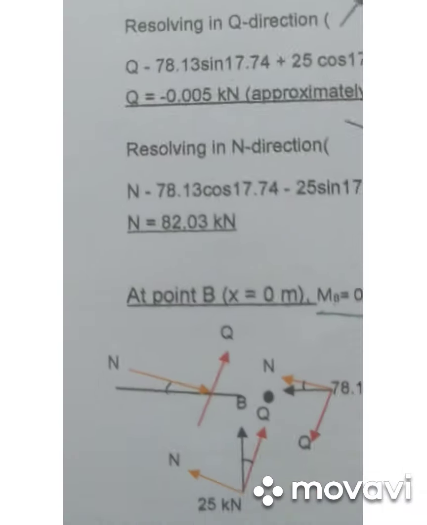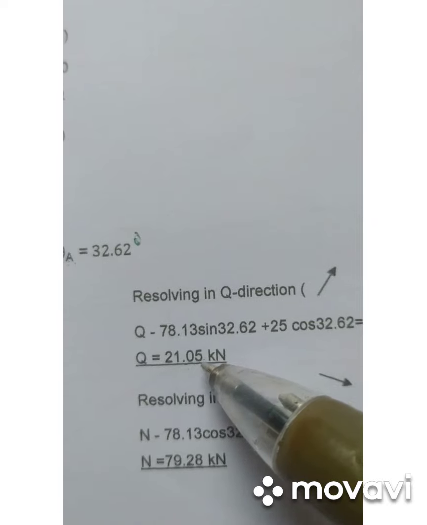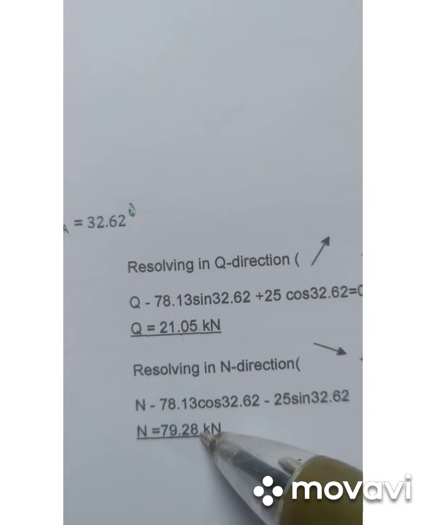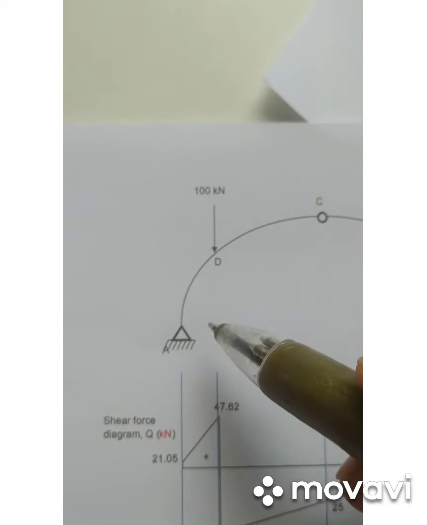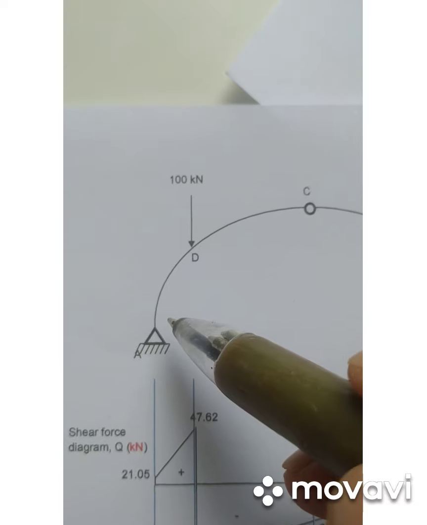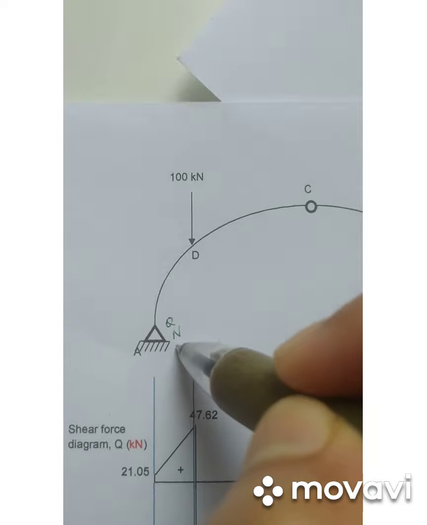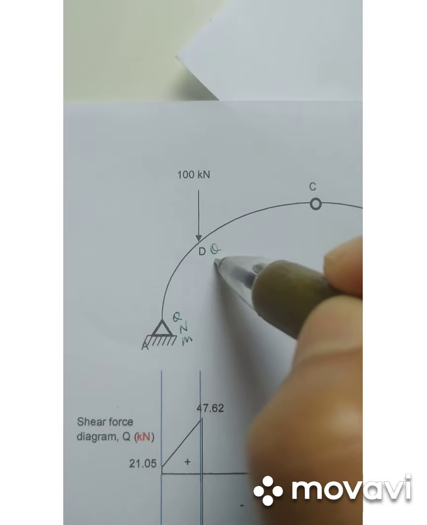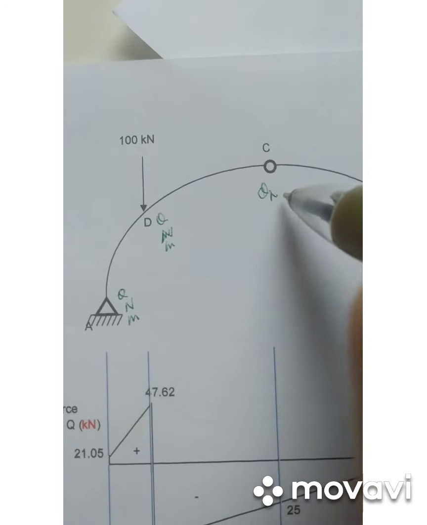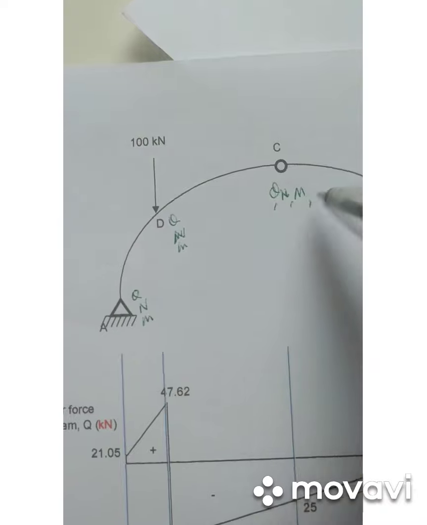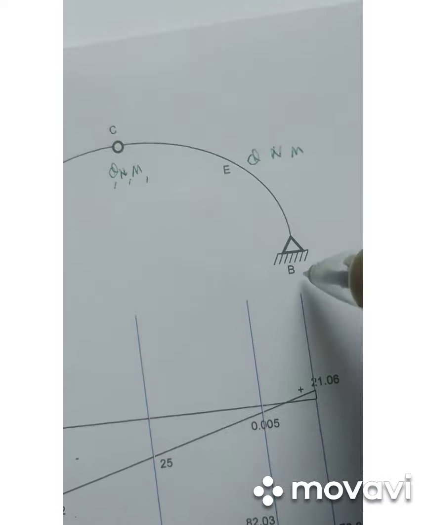So you get Q is equal to 21.05 and N 79.28 kilonewton. Okay, lastly you have to put all the values that you get: Q and M at A, Q and M at D, Q and M at C, also Q and M at E and B.